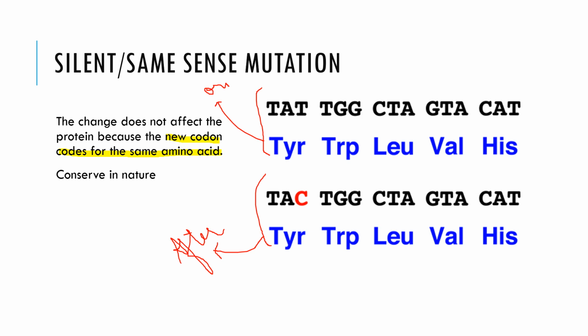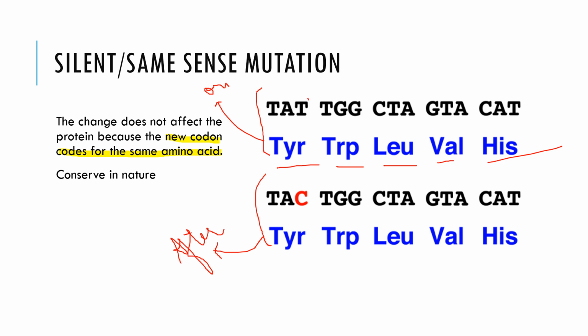Here different amino acids are present, like tyrosine, tryptophan, leucine, valine, histidine. You know that silent or same sense mutation is another type of base substitution, and in base substitution only one nucleotide is changed.